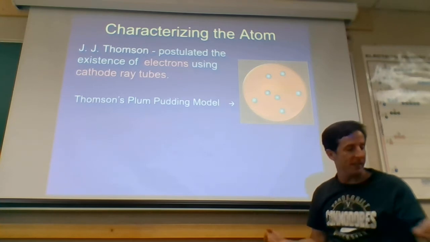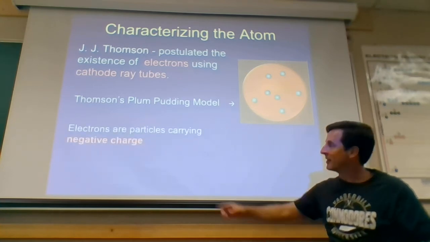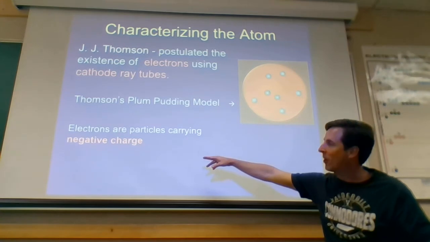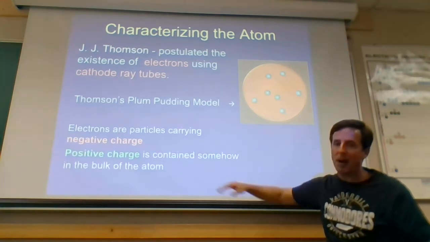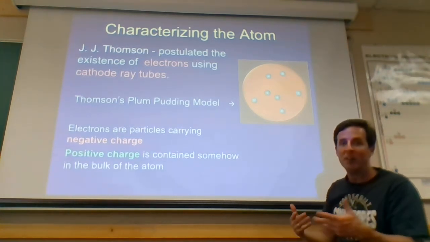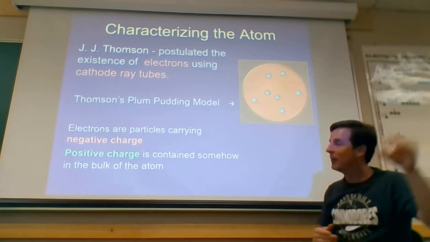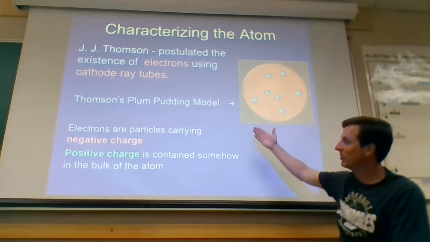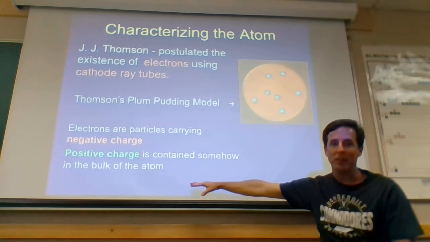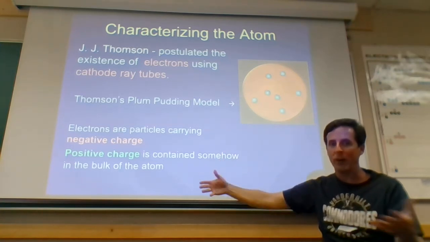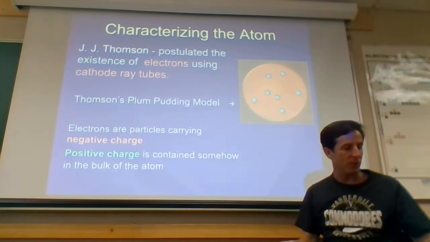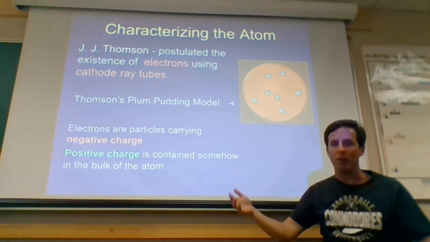Okay, so the electrons are particles in the atom that contain negative charge, but he didn't know anything about the positive charge. He just said, well, I know the negative charge, we make it pop out. The positive charge is in there somewhere too, in the bulk of the atom, but we didn't know yet where the positive charge was. Okay, so we're still very early in the characterization of an atom.